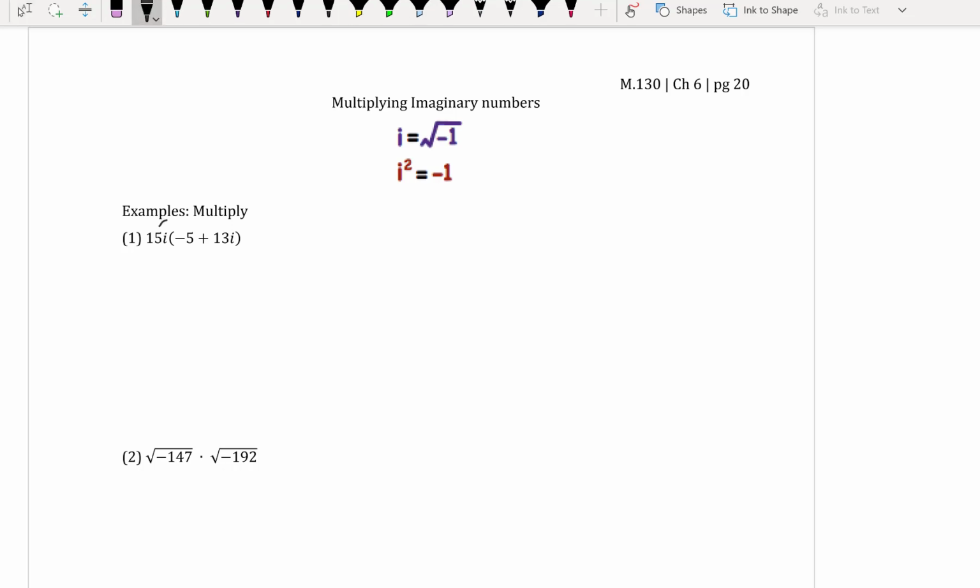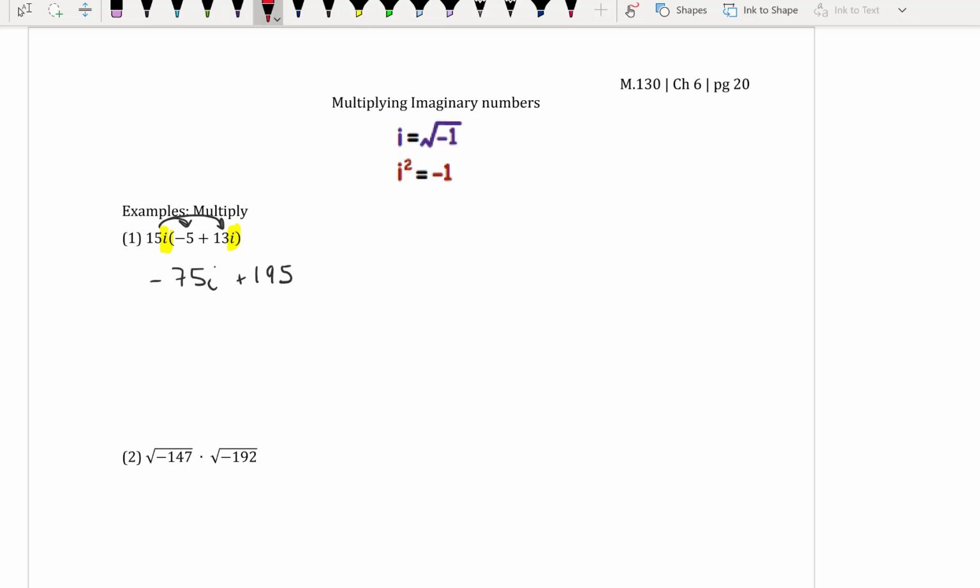So if I were to distribute, I have a 15 times a -5, which is going to give me a -75, and I have my i value. Now, when I distribute here, I have 15 times 13, which gives me a positive 195, but I also have my i that's being multiplied by another i.